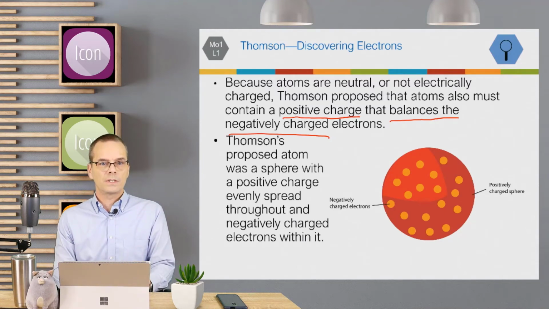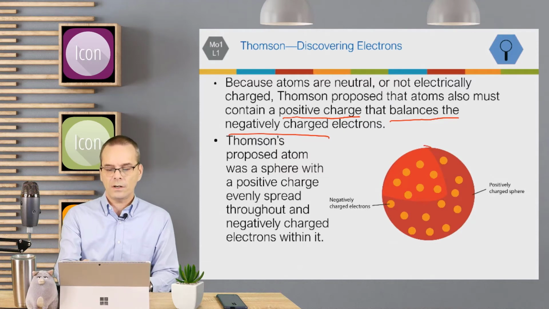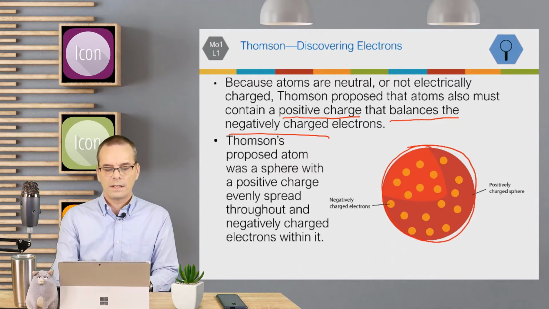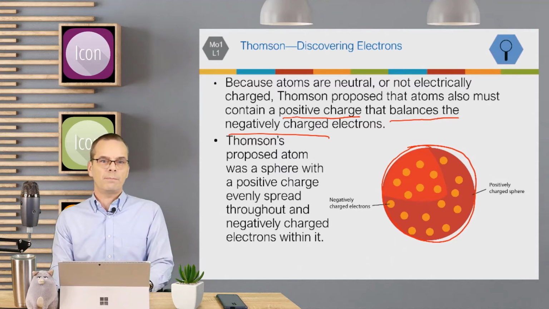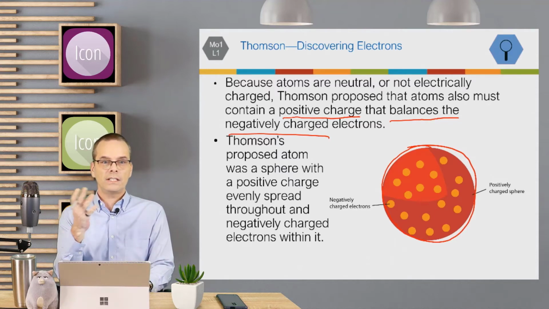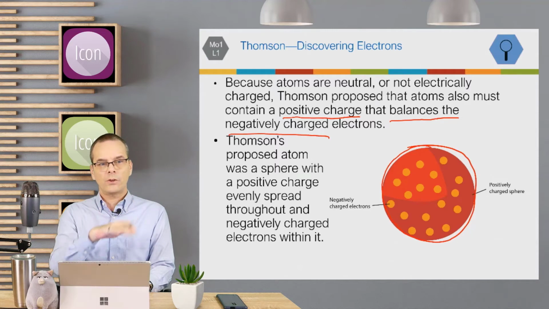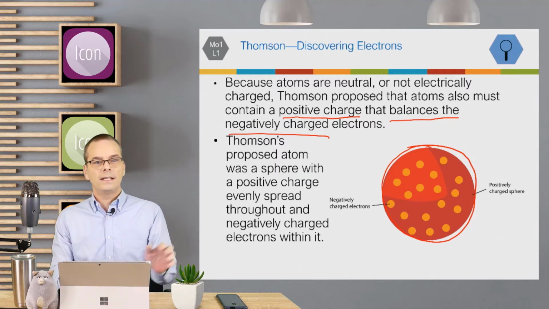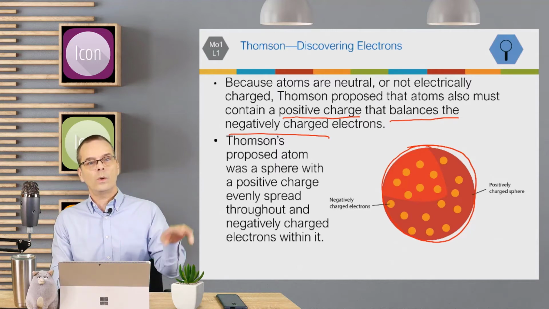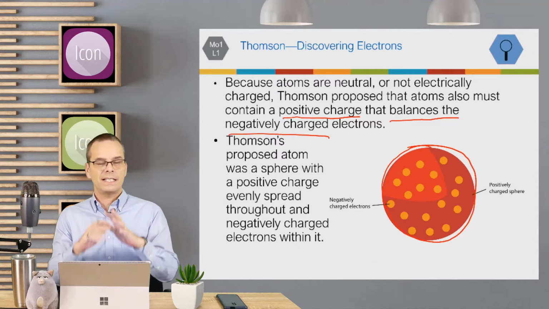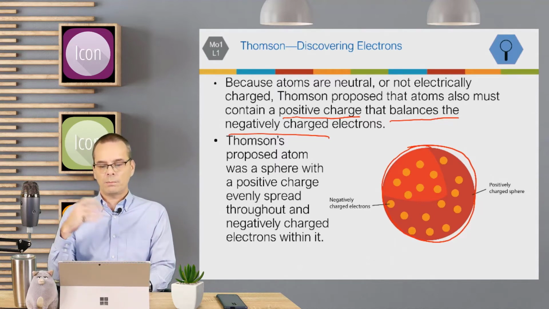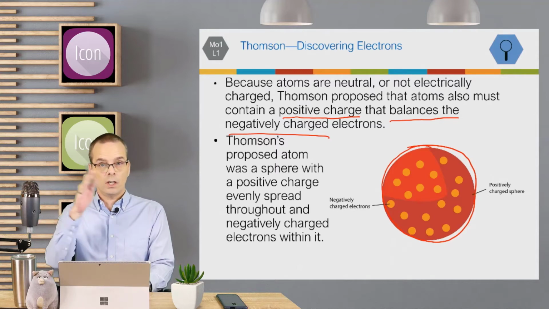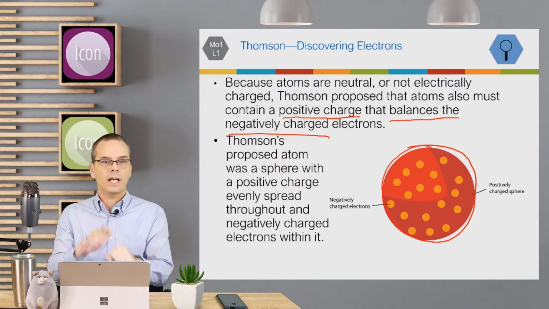And he proposed that the atom was a sphere, like a ball with a positive charge spread throughout and a negative charge within. All right, so that was his idea of what this looked like. It must have a positively charged sphere and then, inside it, negatively charged electrons.